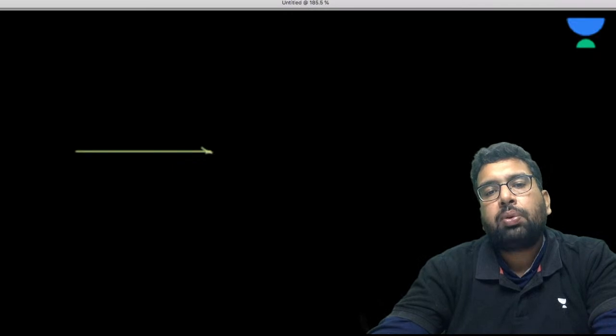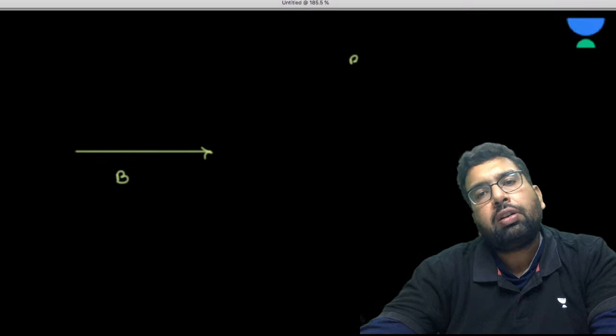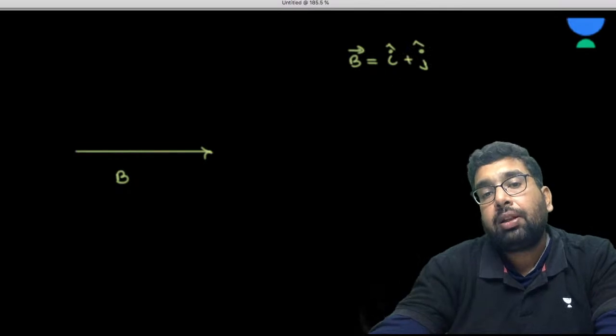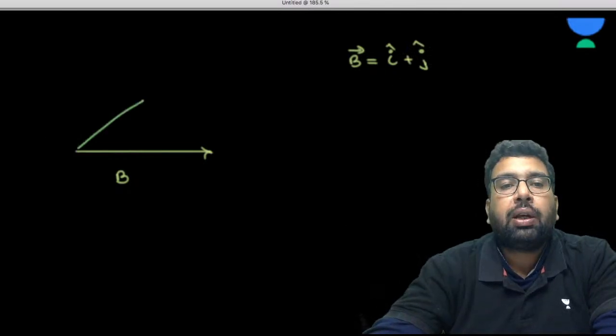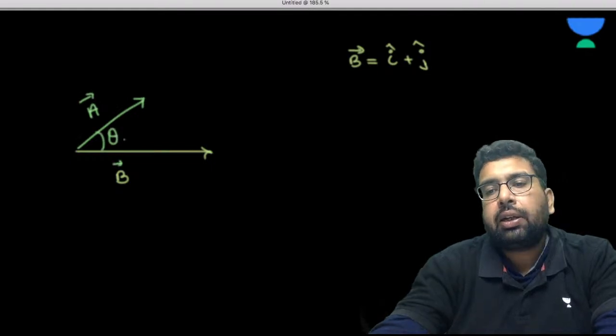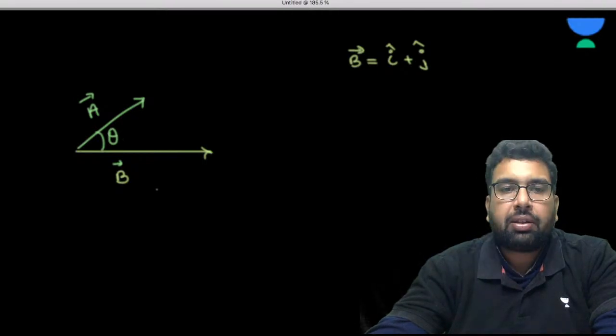So what we were doing, let's suppose this B vector is i plus j. Just let's proceed with the same question. So it is i plus j cap. Please listen to me very carefully at this moment. Now this is your A vector, and this is theta. Now please understand this.